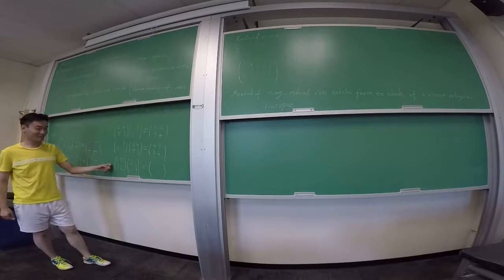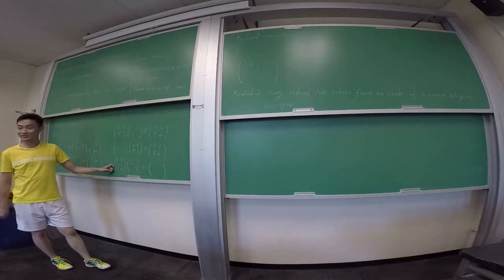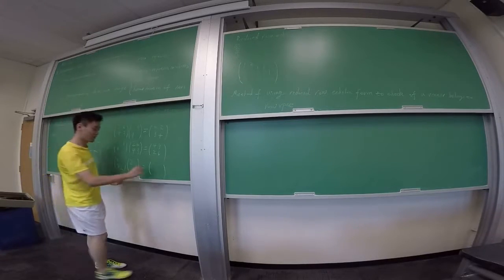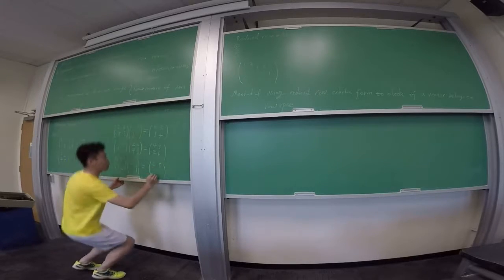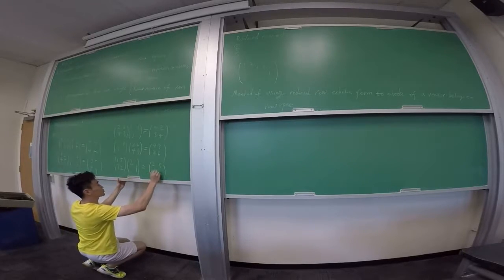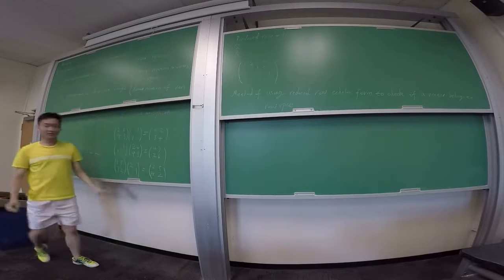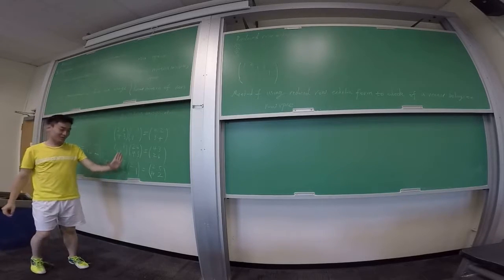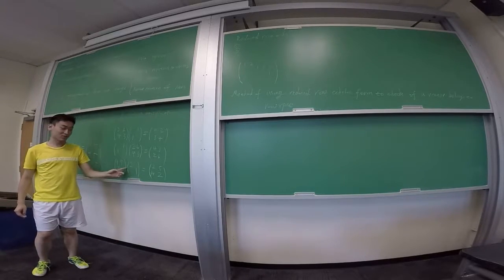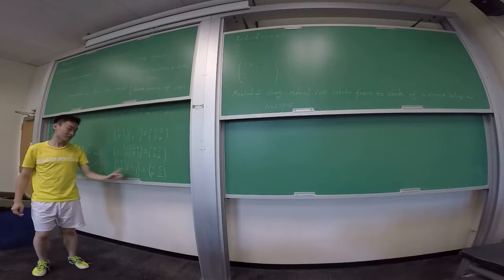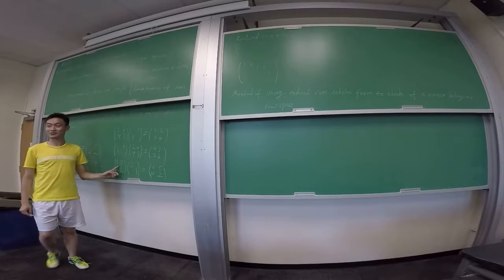So how about this matrix? 2, 5, 14, 2. It is because this matrix is multiplied on the right of this matrix, right?